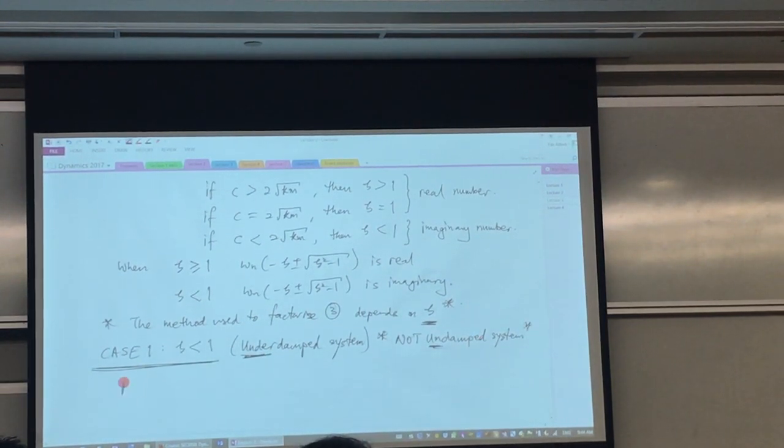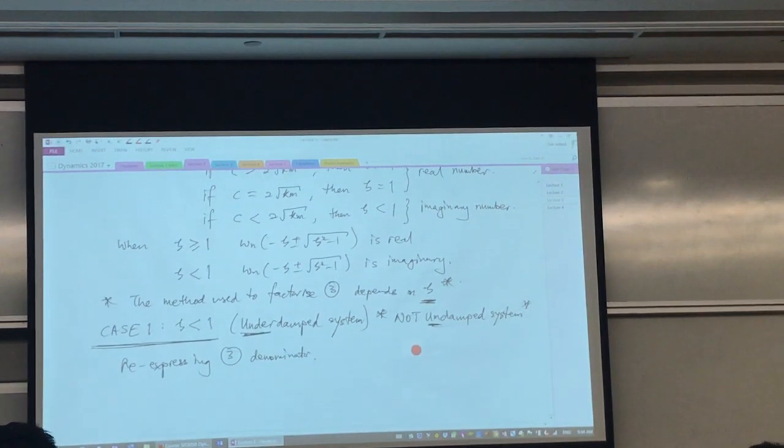So what we're going to do next is re-express equation 3's denominator. I'm going to write it up again. That's the denominator, s squared plus 2 zeta omega n s plus omega n squared.